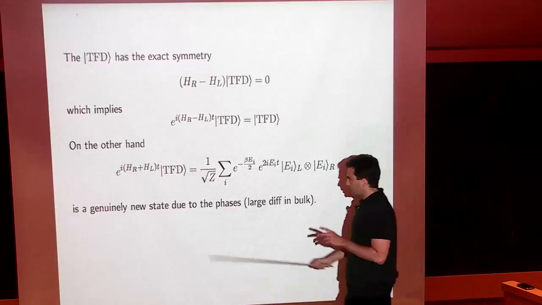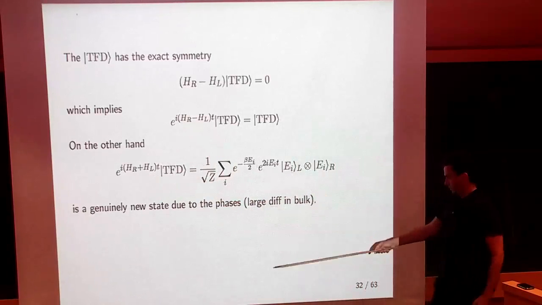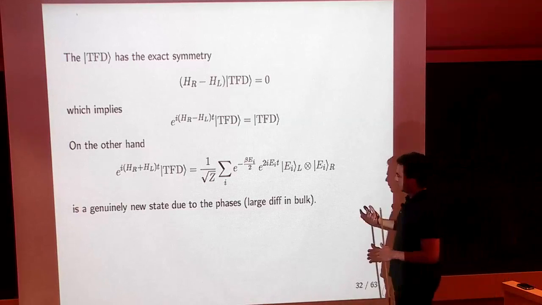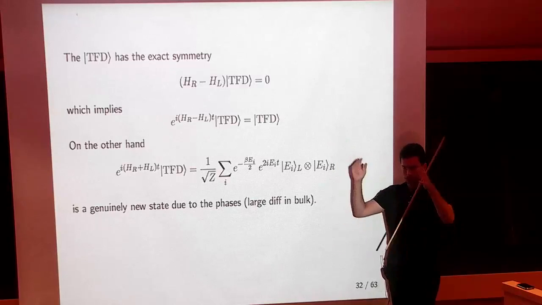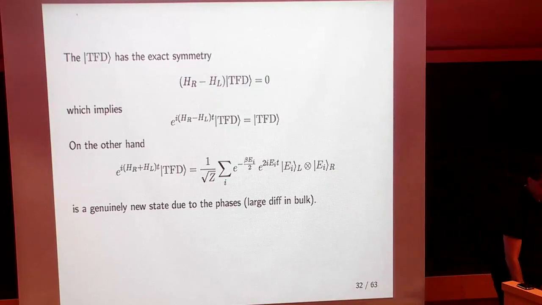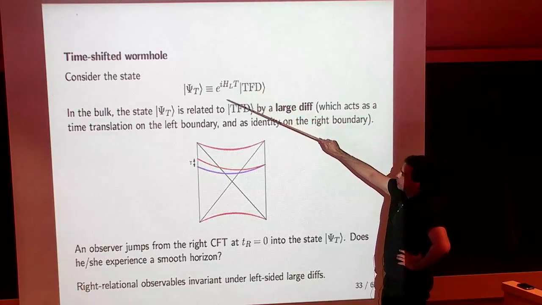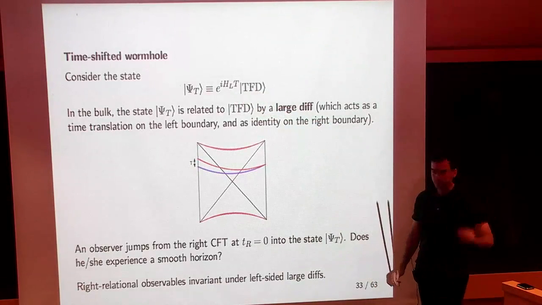On the other hand, if you act with the operator with a plus sign, then you pick up some phases, and you get a genuinely new state, which in the bulk you can think of as a state that is produced by acting with a large diffeomorphism, which translates both boundaries up or down. Now I want to look at this class of states. I take the thermofield state and I act with e to the i H left times t. So I only do time translation on one of the 2 CFTs.